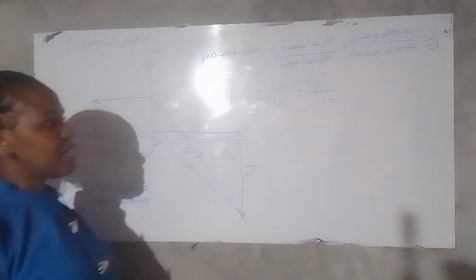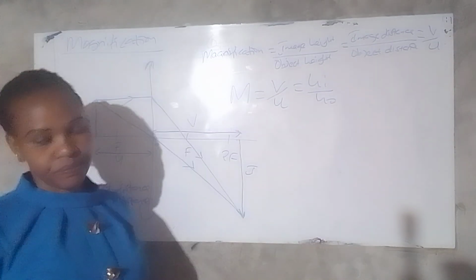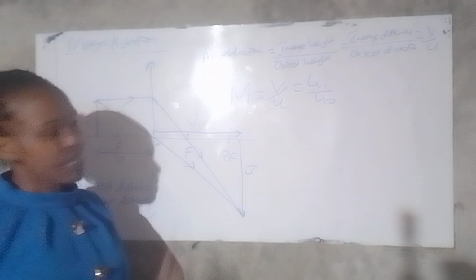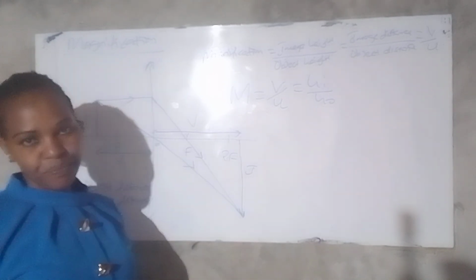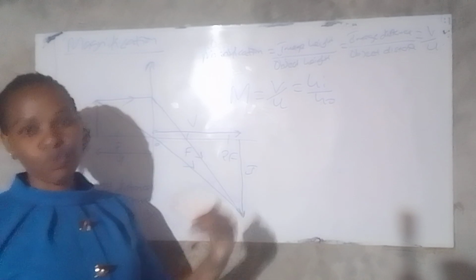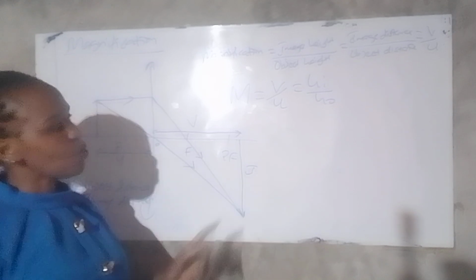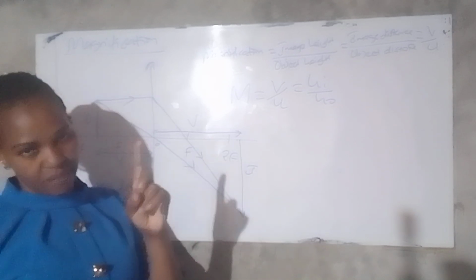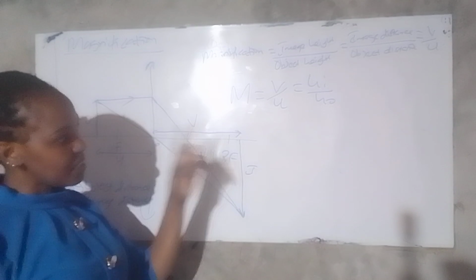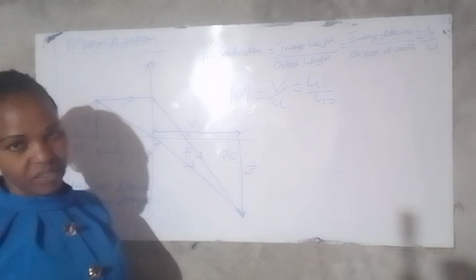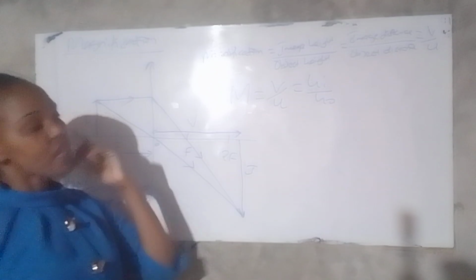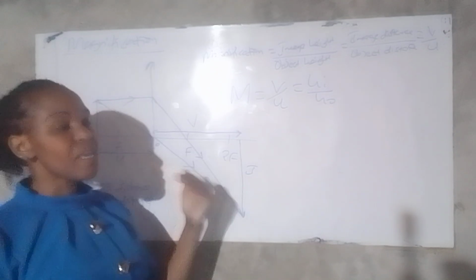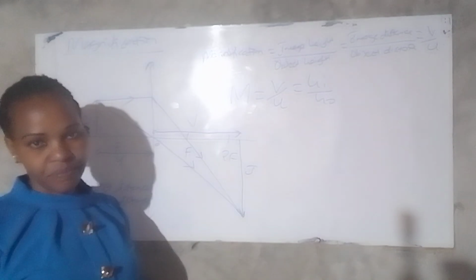Now what would happen if the magnification is 1? Okay, like in the case where the object is at 2F, the image is also formed at 2F and they are the same size. So magnification will be 1 because the object and image are of the same size. If the magnification is greater than 1, then the image is bigger than the object.